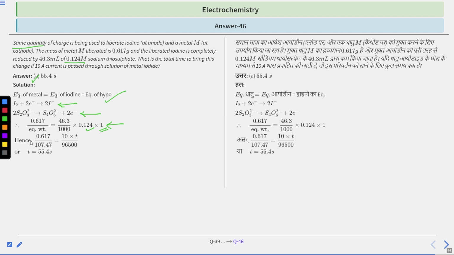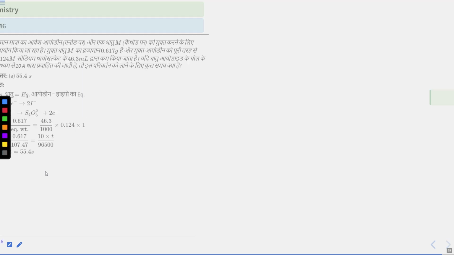On solving, the equivalent weight comes out as 107.47. We use it in the equation weight upon equivalent weight equals I times T divided by 96500. I is 10 ampere, as given in the question, so T is the only variable. T comes out as 55.4 second, and thus option A is the correct answer. Okay, thank you.